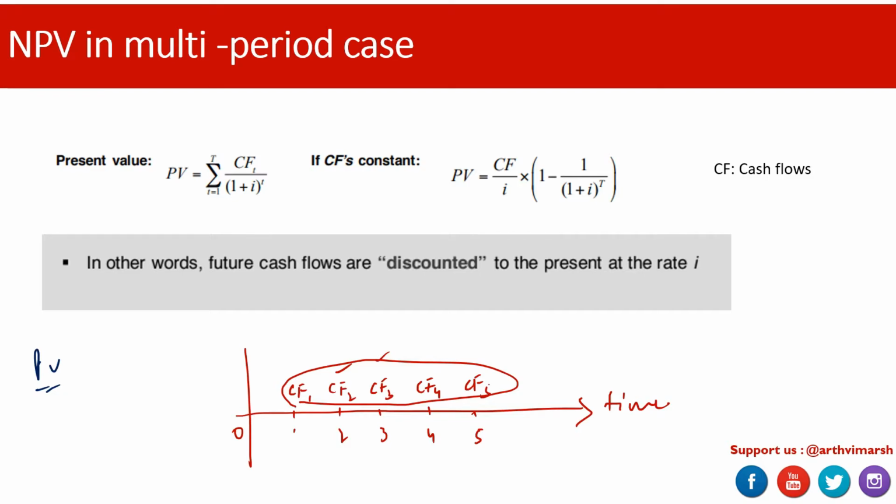But no, because this cash flow is sitting at time period 1, this at time period 2, this at time period 3. Your T factor plays a very important role in deciding your outcome, because the discounting factor is raised to the power T here. So if T is varying, your cash flows sitting at different time periods will get you a different value.